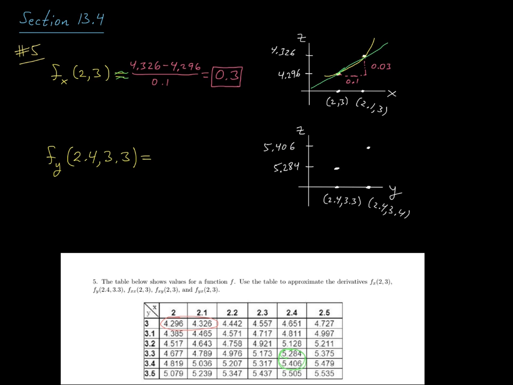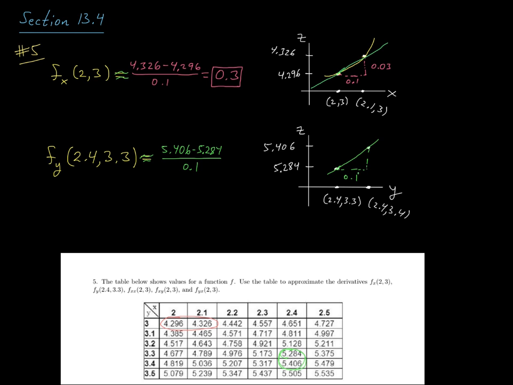Great. Now to find the slope between these, which gives us an approximation, we just take the difference in the z's, 5.406 minus 5.284, and divide that by the horizontal change, which again is just 0.1.